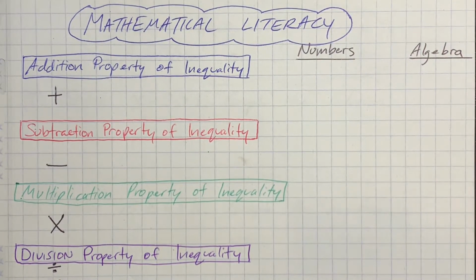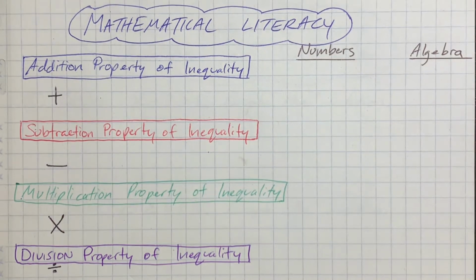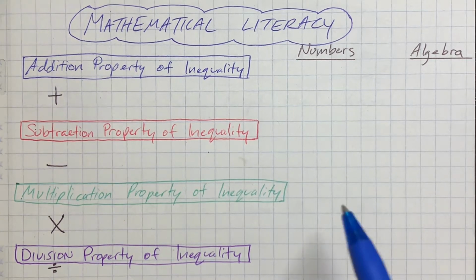Okay. So the first thing we want to talk about with the addition property of inequality is that when you add the same number to each side of an inequality, the inequality remains true.